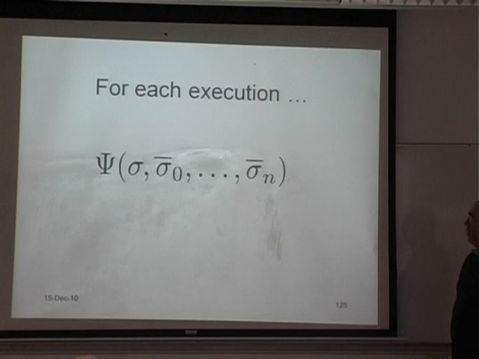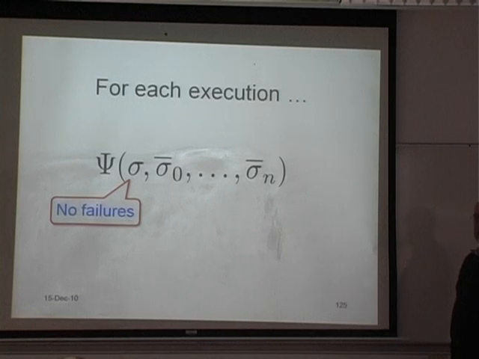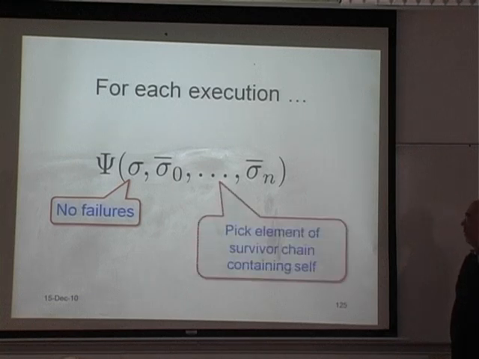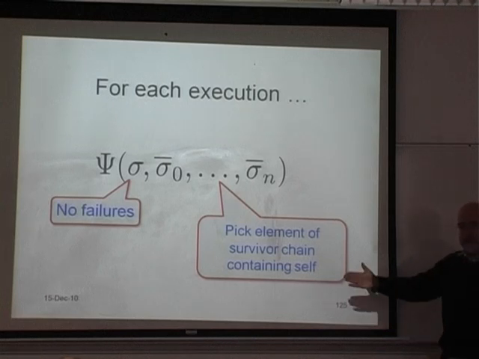Okay, so for each execution, every vertex in sigma, so there are no failures, so everything is over sigma. You pick some element of the survivor chain containing yourself. So if you're the ith vertex, then again, we have the write order fixed.